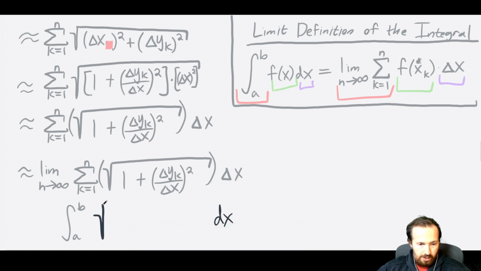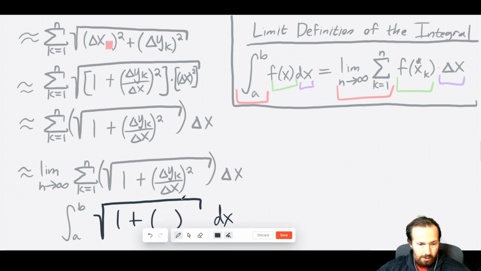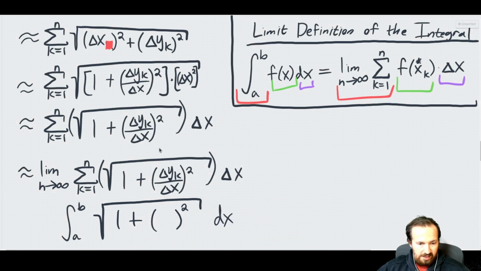And the thing we're actually integrating is 1 plus something, a little bit weird, squared. So using the limit definition of the integral on the outside, we can turn this into an integral, because that's what an integral means.